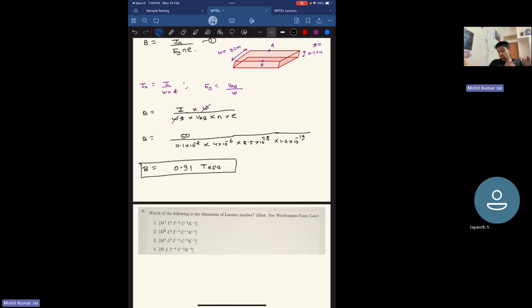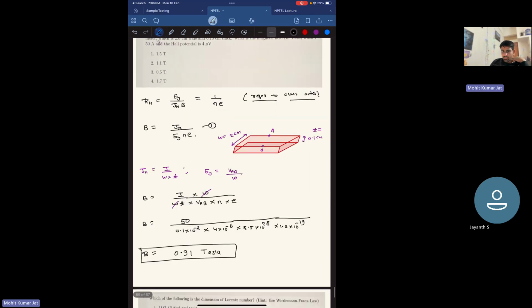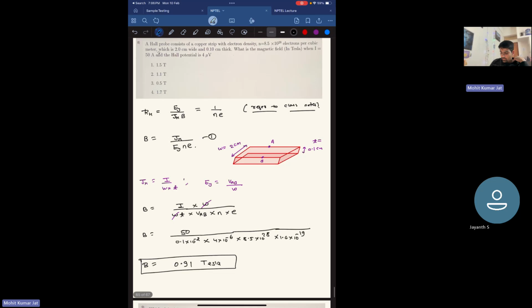This is the magnetic field which will be required to. Or did I do something wrong? Let me just calculate.